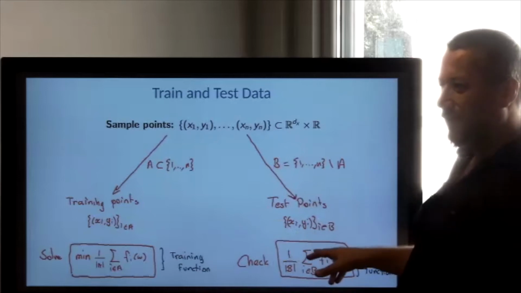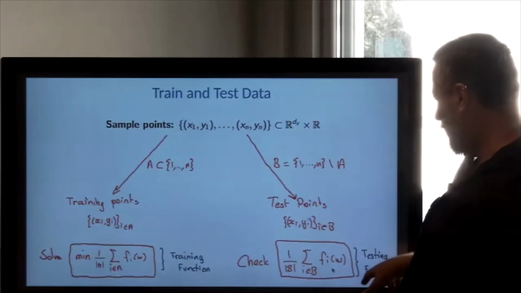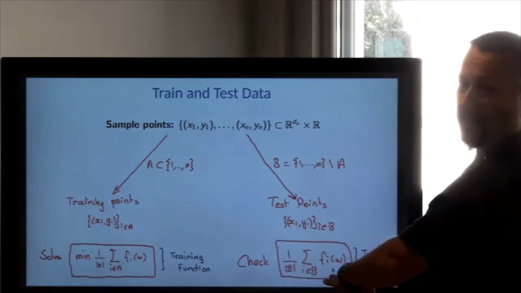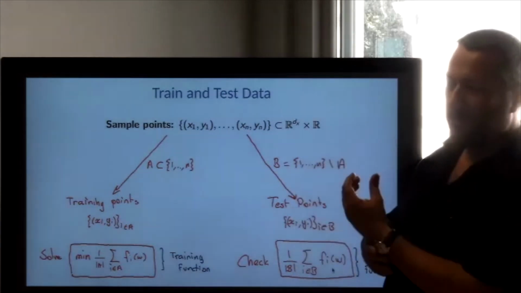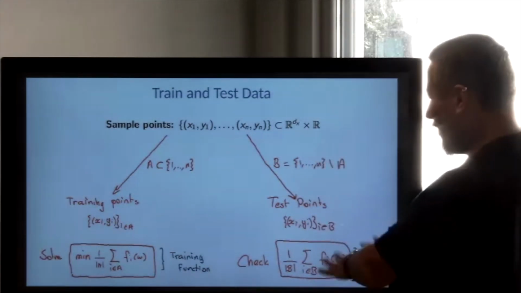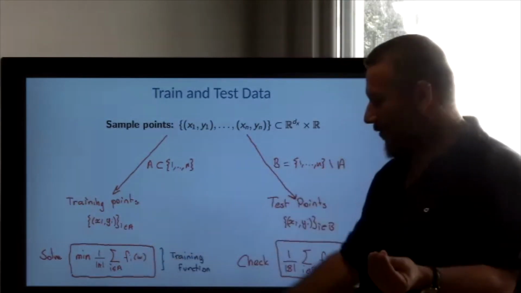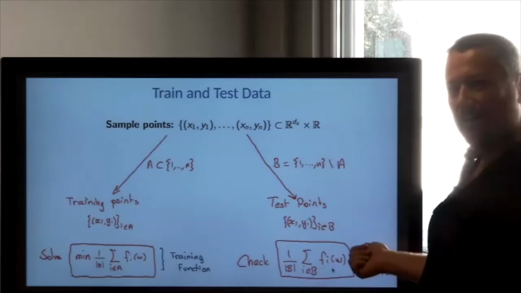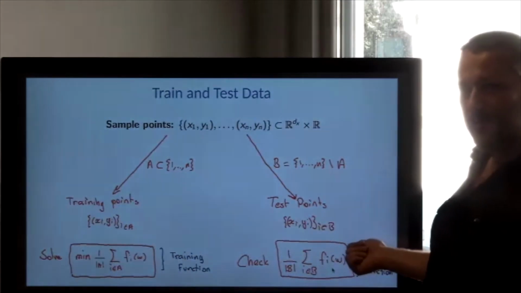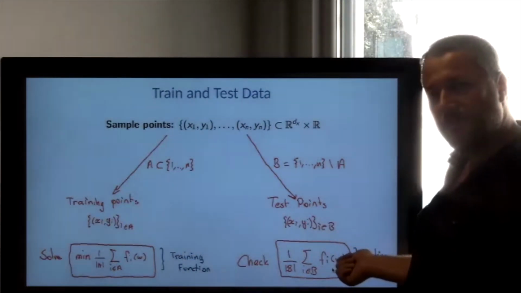So our real problem is finding the minimum of the testing function, but you cannot just go and find it. You cannot apply all your nice methods, favorite methods, to this function. You have to do it to this one, get the minimum of this, and see how well that point behaves on this one, right?